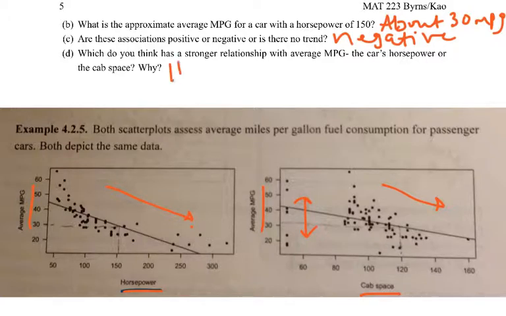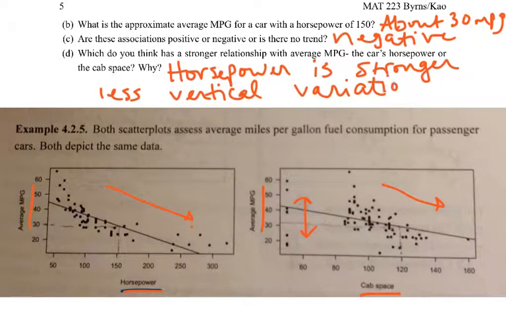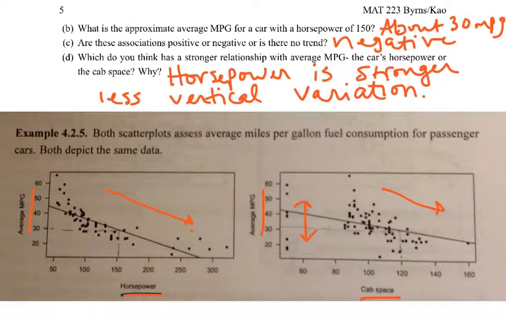So we would say that the horsepower is stronger, and the reason is because there is less vertical variation. If we were asked which one gives a better prediction for miles per gallon, the car's horsepower or the cab space, we would certainly say horsepower, because that had a much stronger relationship between that measurement and the miles per gallon versus the cab space and the miles per gallon.